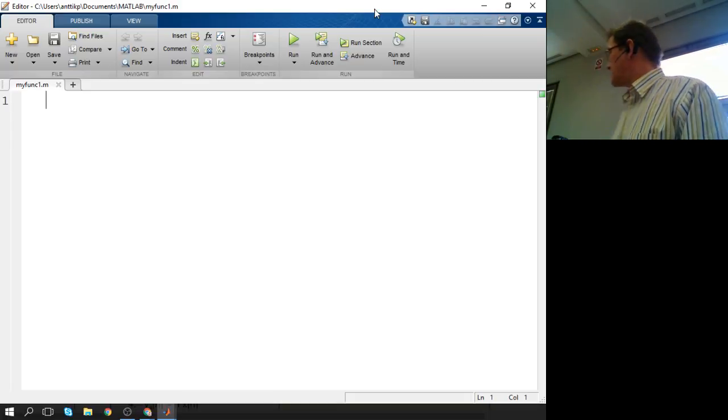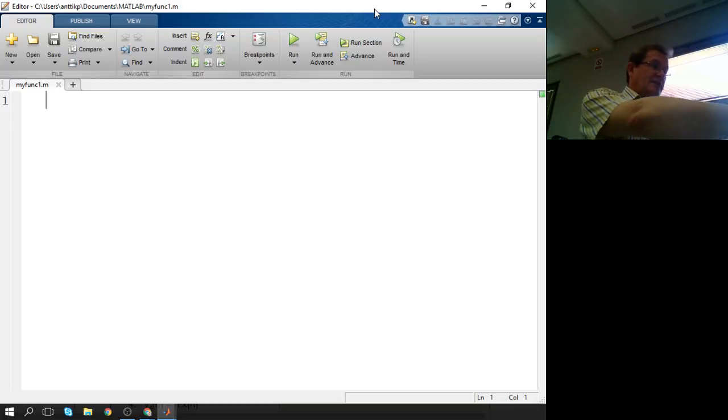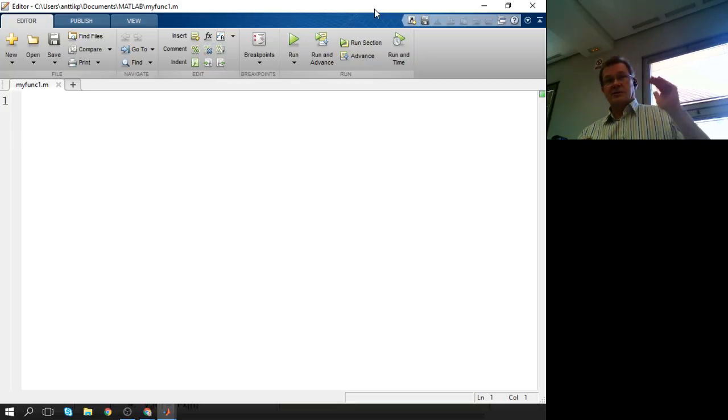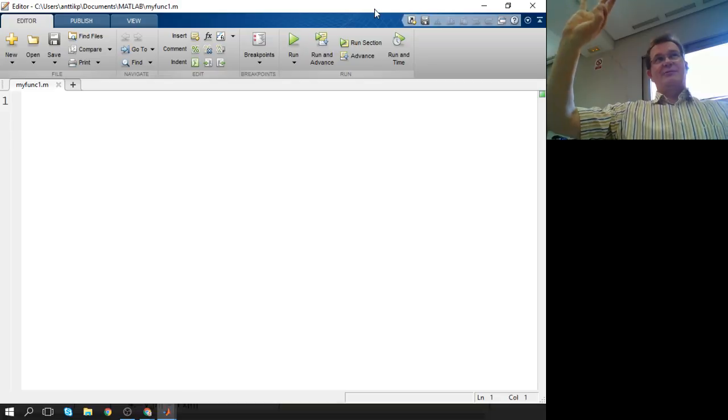So m files, have you made the m files? Scripts or functions? Scripts. Okay, scripting is easy. When you get something done good on your command line, then you just copy paste that one to a script. Now you are done.